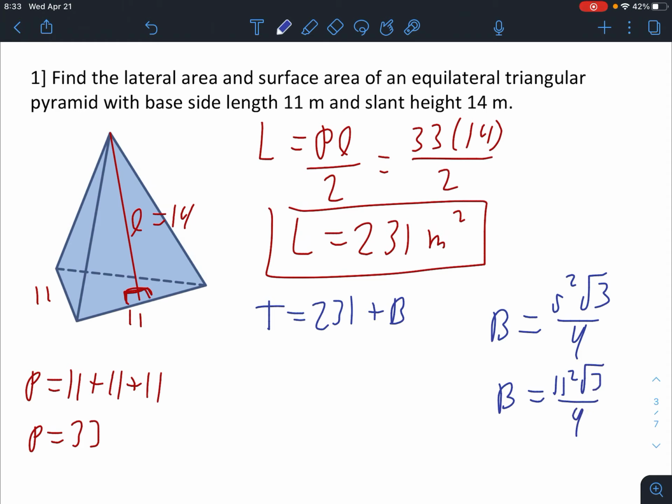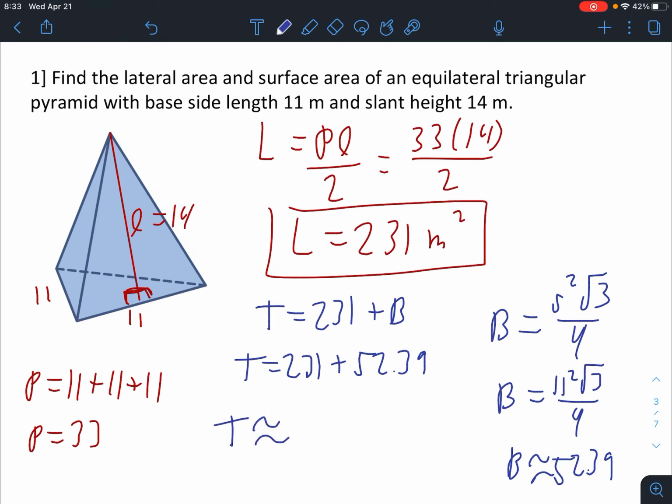Again, we can go to our calculator and type that in, and we get that the area of the base is 52.39. So now we can add that back into our formula. Add those two together, and we get our total surface area is 283.39 square meters.